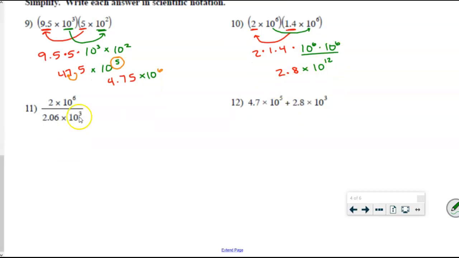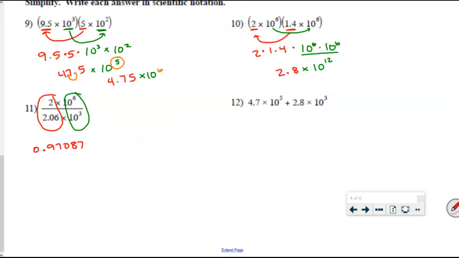Division is going to work the same way. So 2 divided by 2.06, going to focus there. And then 10 to the 6th divided by 10 to the 3rd. In my calculator, I would type in 2 divided by 2.06. That one's a pretty number, isn't it? 0.97087.